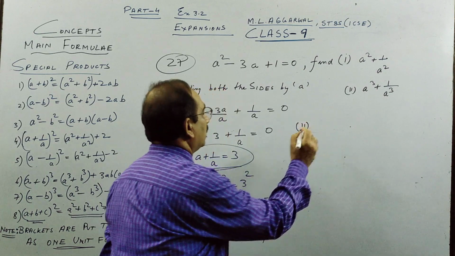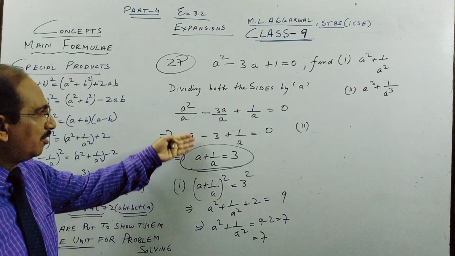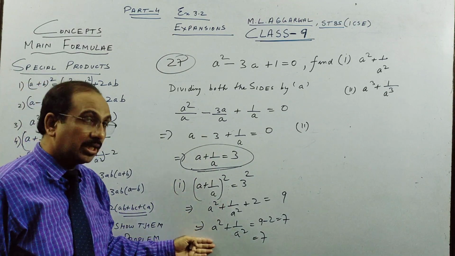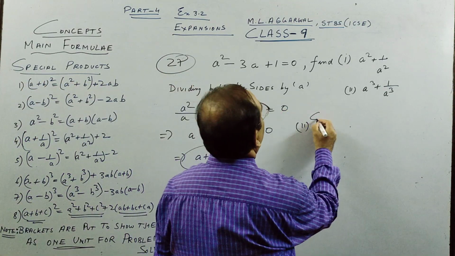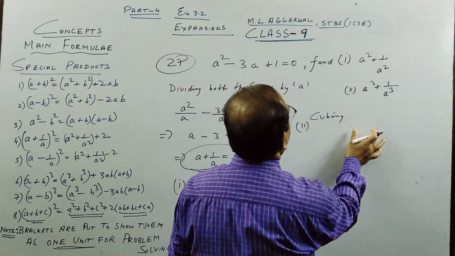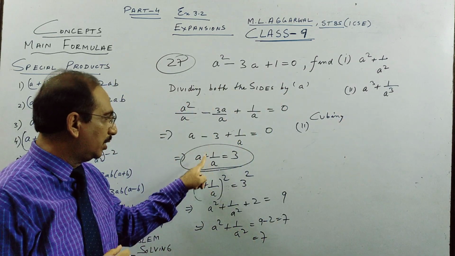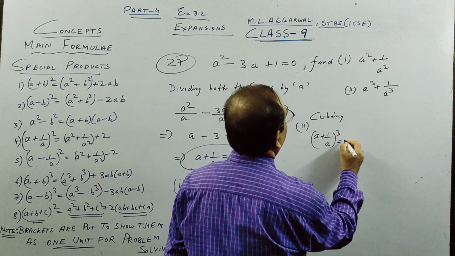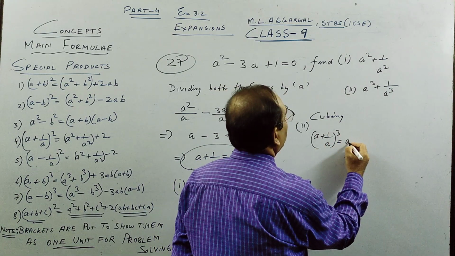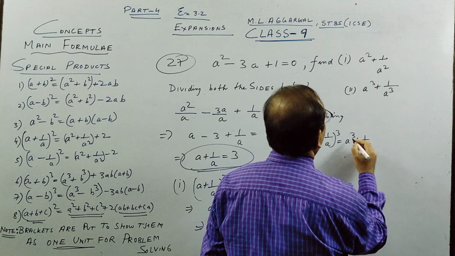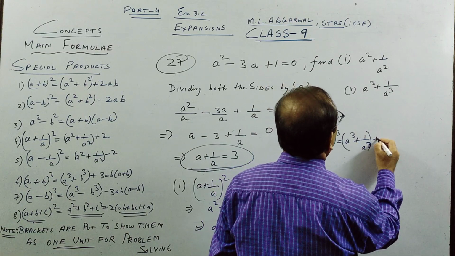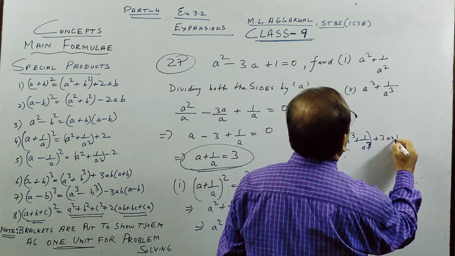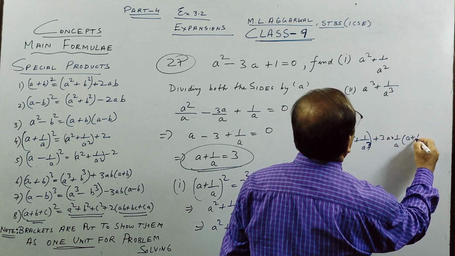Second part, if you see children, see nicely, first part, simply I have divided, got into the format of reciprocal relationship, then I have squared. Now for cubing, we will be cubing this main equation a plus 1 by a is equal to 3. So what do we get? Here if you see a cube plus 1 by a cube, this is what we have to find, plus 3 a into 1 by a into a plus 1 by a.